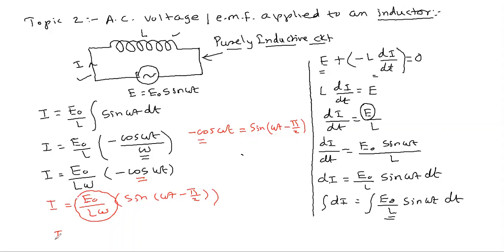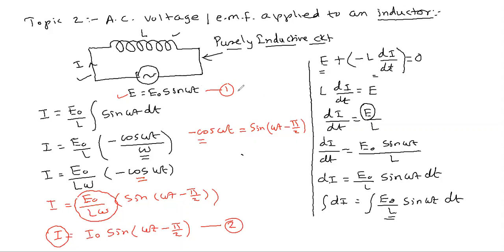So I is equal to I naught sine of omega t minus pi by 2. This is equation number 2. What was equation number 1? It was the EMF you applied across this inductor: E is equal to E naught sine of omega t, and for the current you got I is equal to I naught sine of omega t minus pi by 2.